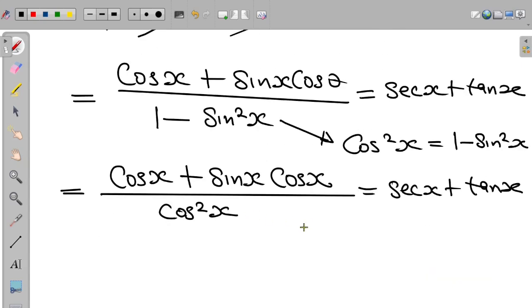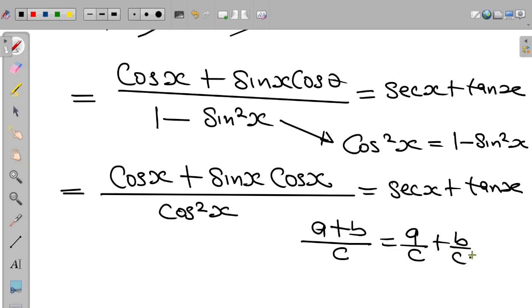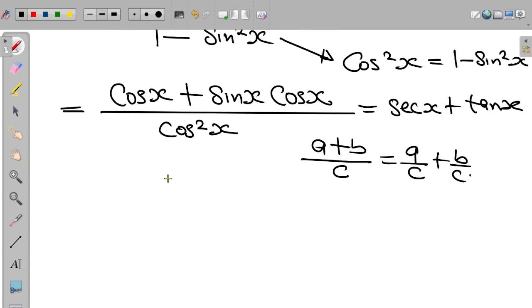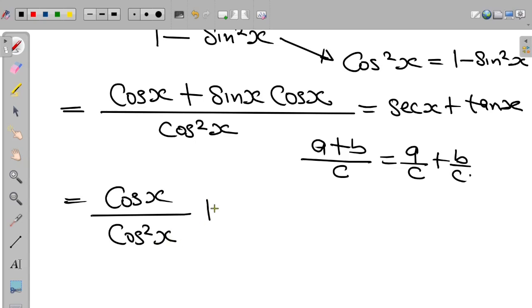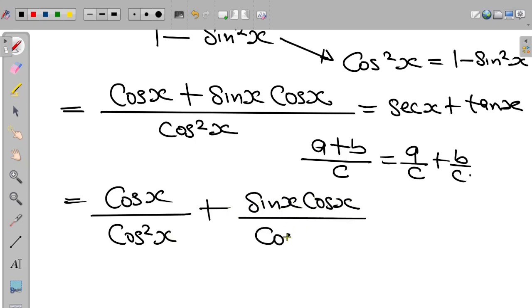Now, if I have a plus b divided by c, this can be expressed as a divided by c plus b divided by c. So therefore, the left-hand side can be expressed as cos x divided by cos squared x plus sin x cos x divided by cos squared x.